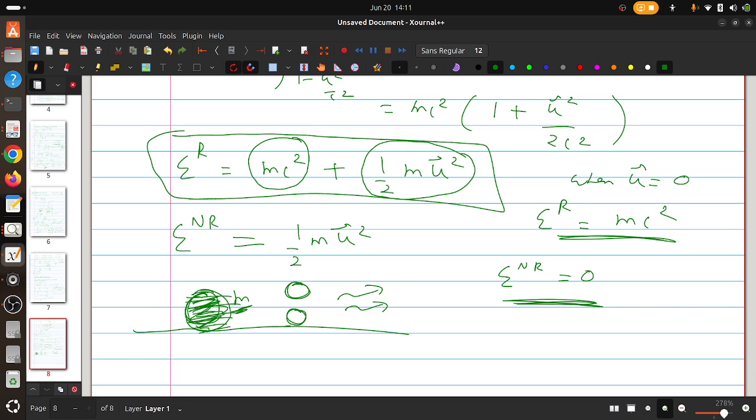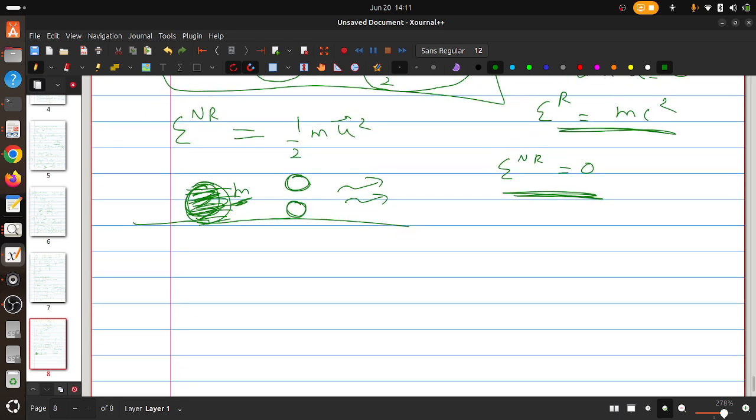So basically, this can be seen in the sense that mass is not very fundamental, but energy is more fundamental than mass.